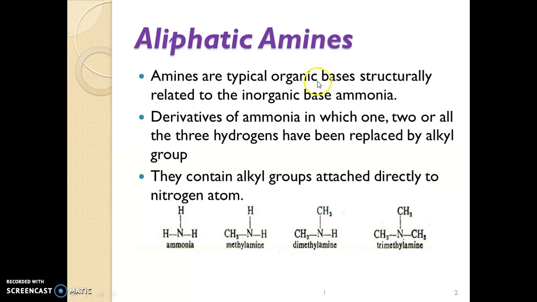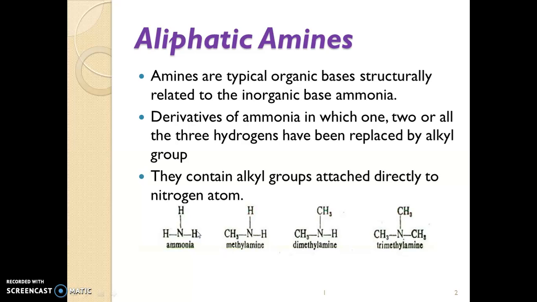Amines are organic bases which are structurally related to the inorganic base ammonia. So for that purpose you should first know the structure of ammonia. As you can see, this is the structure of ammonia, in which a centrally placed nitrogen has 3 hydrogen atoms directly attached.